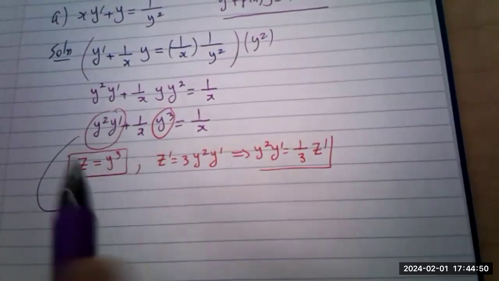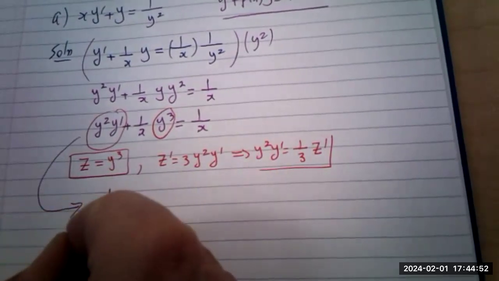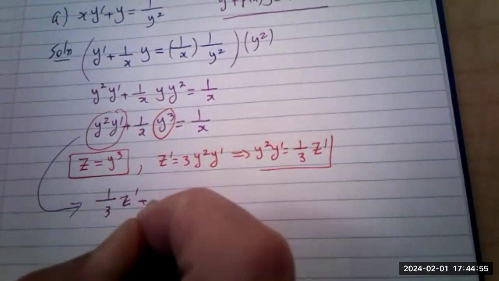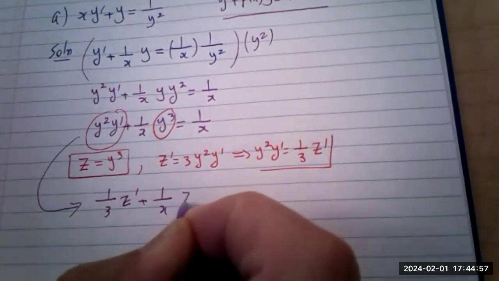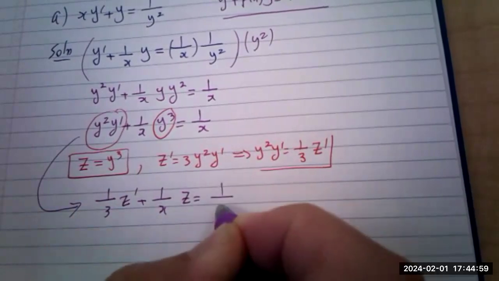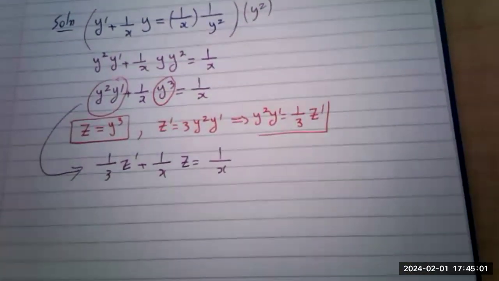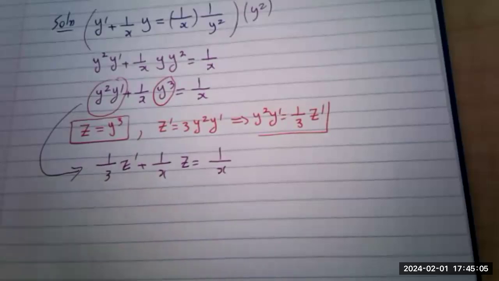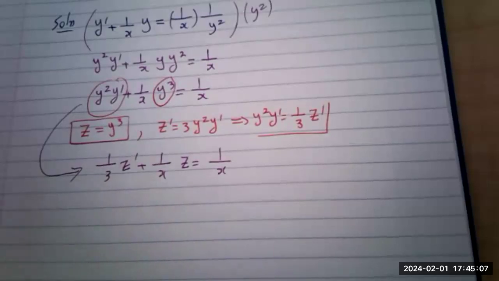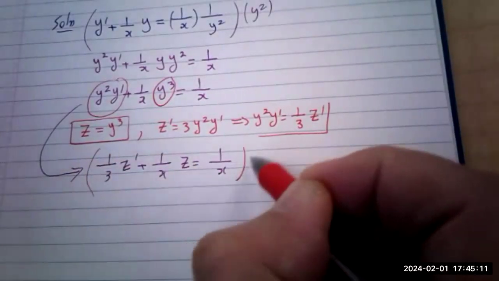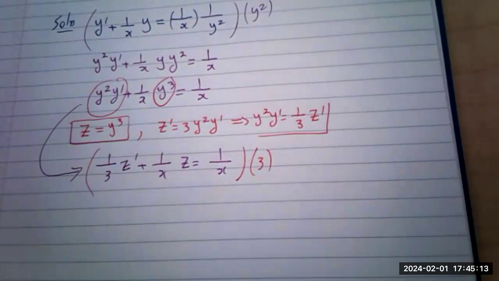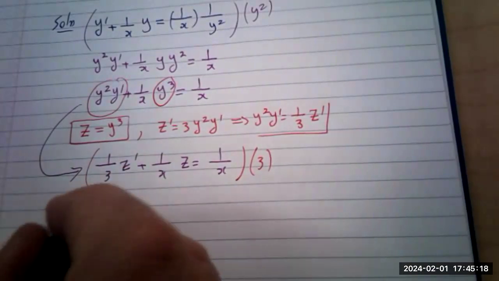y squared y prime would be 1/3 of the z prime. That's 1 over x of the z and 1 over x. You want to change this one to linear with respect to the z, so 1/3 is extra. So you divide by 1/3 or multiply both sides by 3. Get rid of that coefficient to have officially a linear equation.